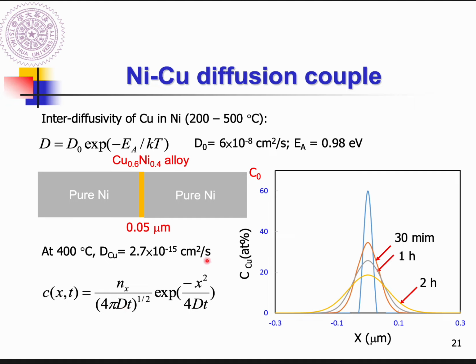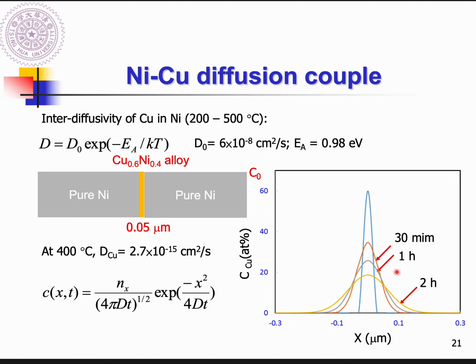And N_D, in most cases, will be given; in this case, it's 60%. As long as you know N_D and D, you can easily draw the concentration as a function of x and t.